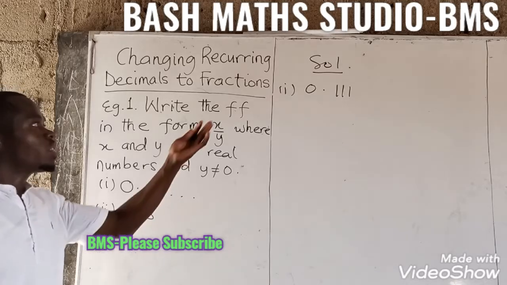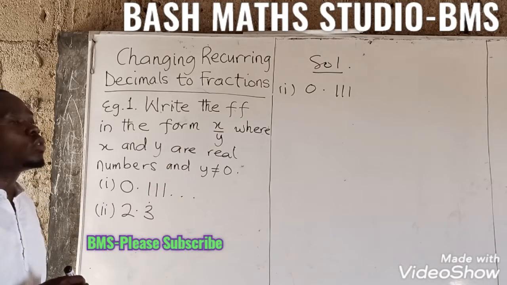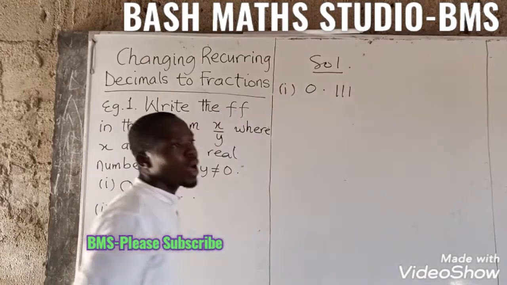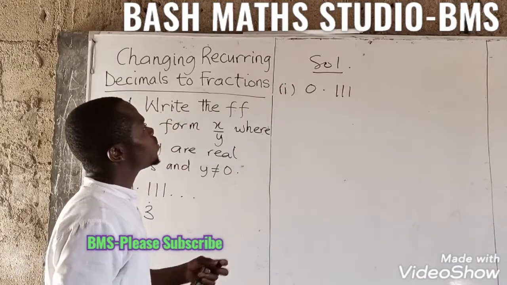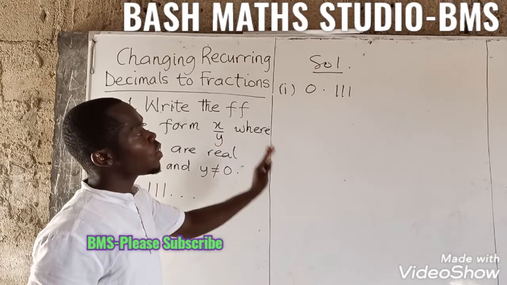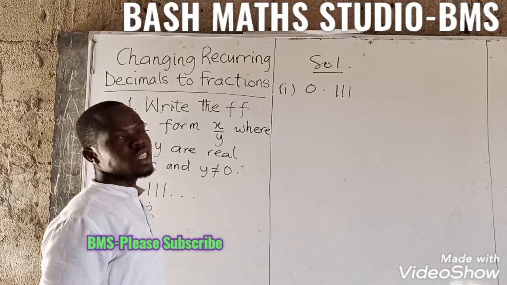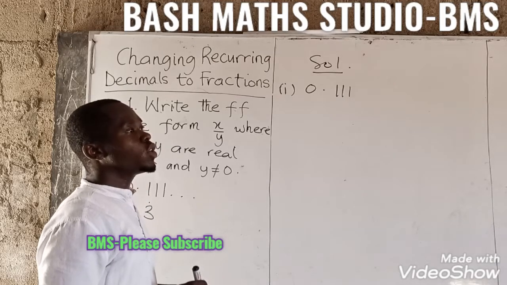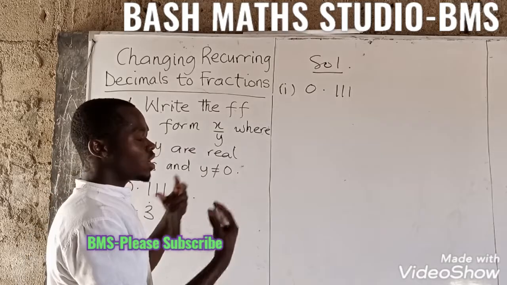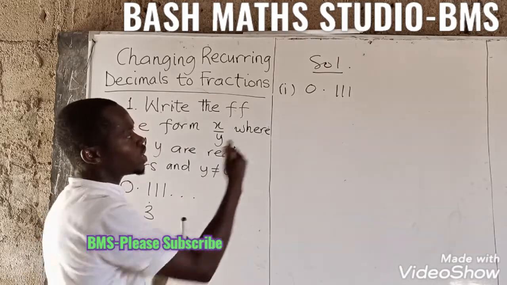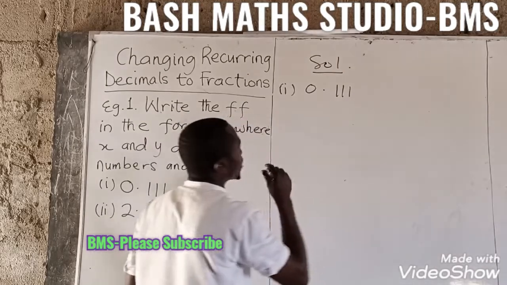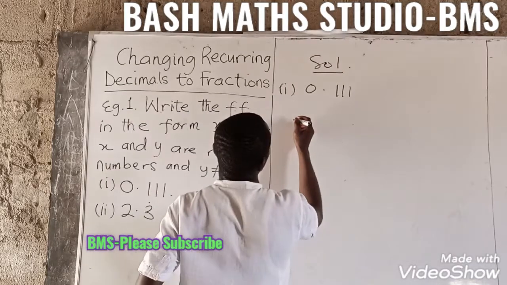If we have it like this, the first thing you want to do is try to write the given number as an equation. You will let any variable represent it. So you will say we let y or x equal to the given number. Then you try and write them as two or more equations and solve it involving the variable you have let. So let's solve this one and we'll get the idea of what we are trying to put across.